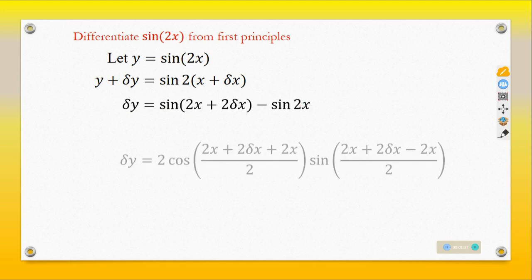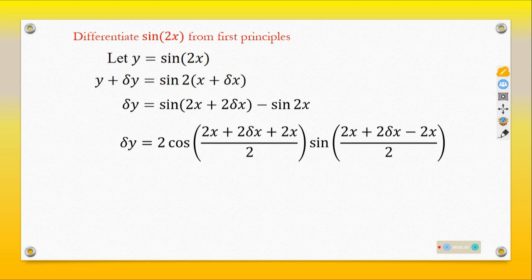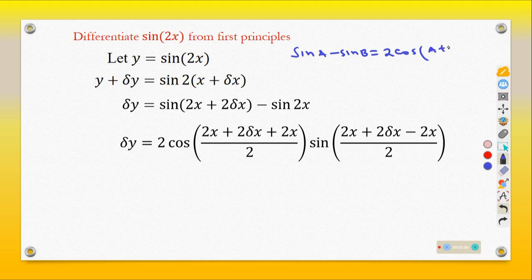From there, we shall be able to use the factor formula, because this is sine followed by sine. By the factor formula, if you have sine A minus sine B, it is the same as 2 cos of (A plus B) divided by 2, then sine of (A minus B) divided by 2.